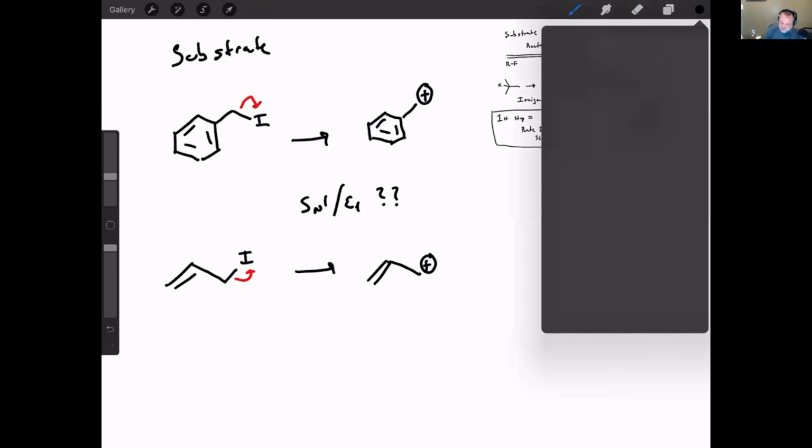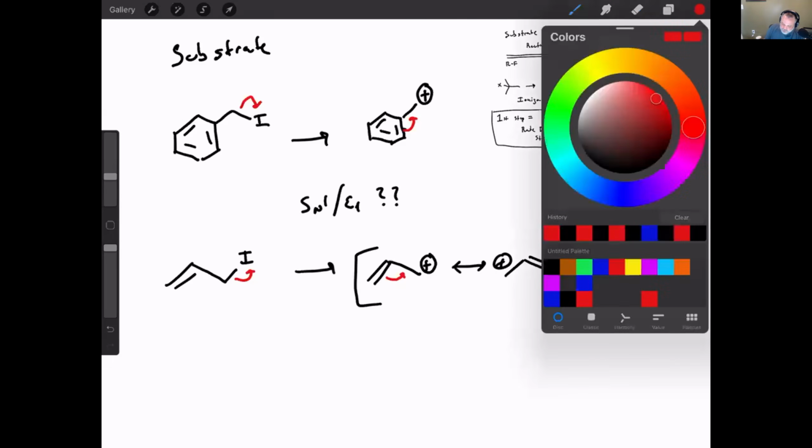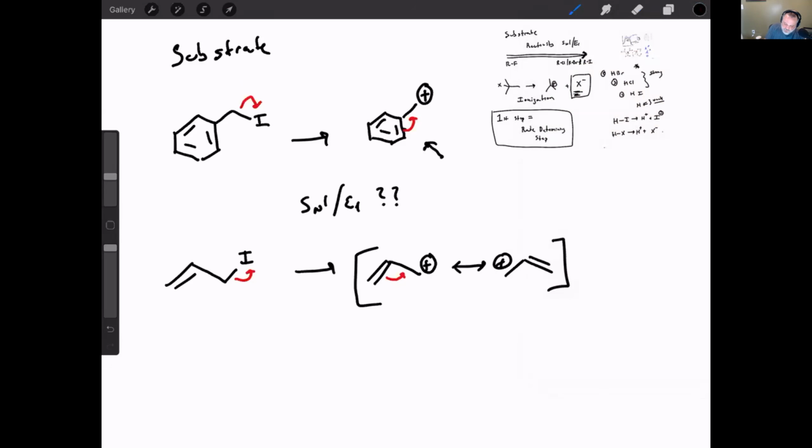And I'll show you certainly with the allylic cation, remember that it's resonance stabilized, and it's even more stable than a tertiary carbocation. And the same thing is true with the benzylic cation. I'll show you one of the resonance structures. Remember that the charge can delocalize into the ring. And so there's another set of resonance structures.